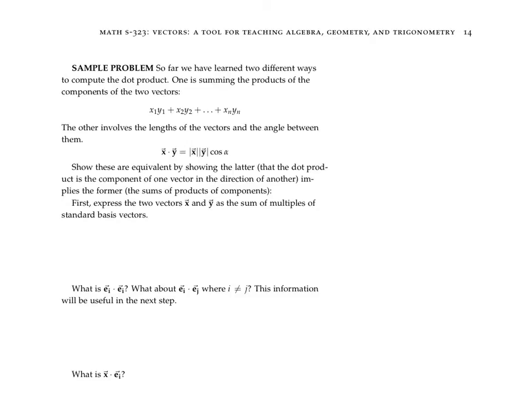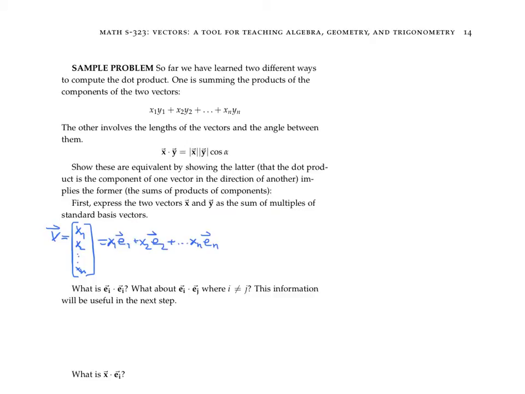So the first thing that you want to take a look at is that we want to express x and y as the sum of multiples of standard basis vectors. Now remember that x and y can be written like this. And just as we talked about at the very end of class yesterday, those are actually coefficients of the standard basis vectors. That actually means x1 times e1 plus x2 times e2 all the way down to xn times en.